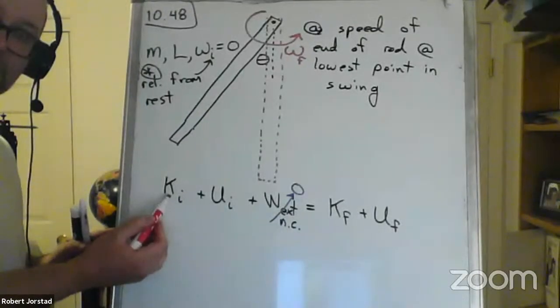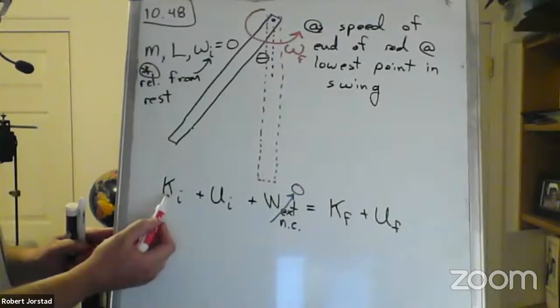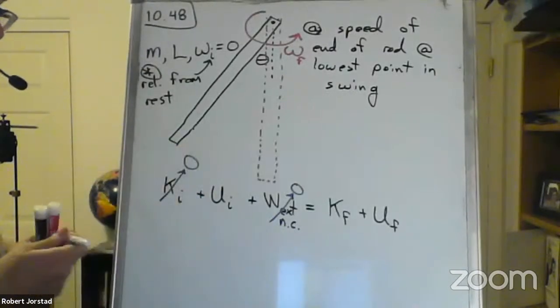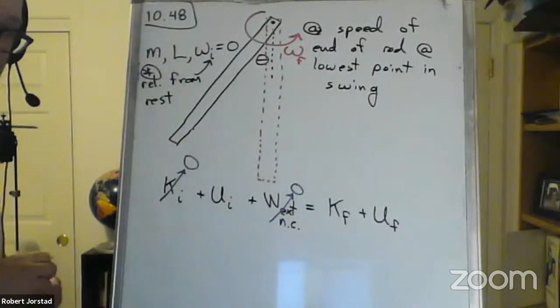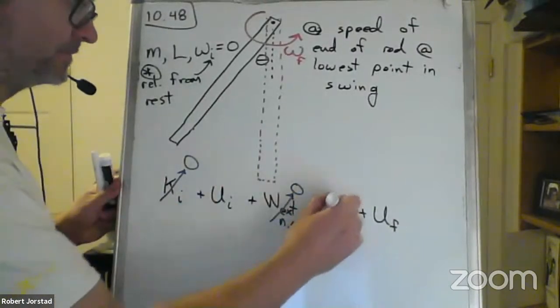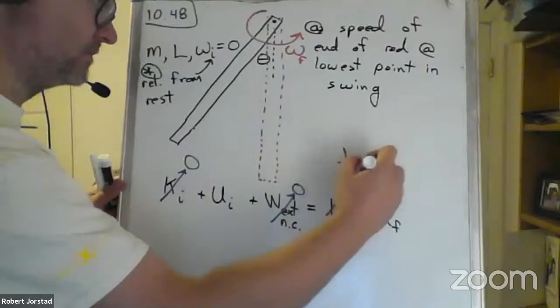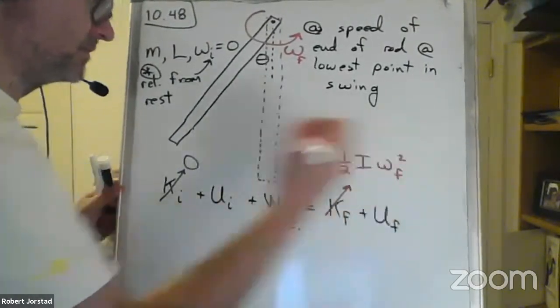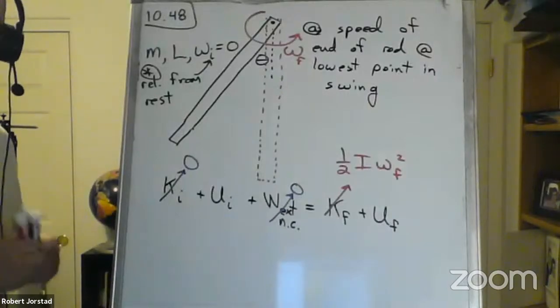Yeah, and in particular, what is true about the initial kinetic energy? Would it be 0? It's 0 because it's released from rest, omega. So, all right. Now, over here, that would be there we go.